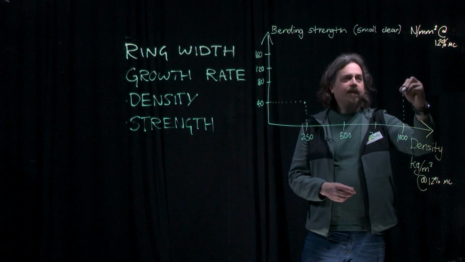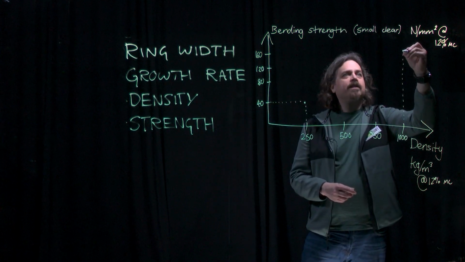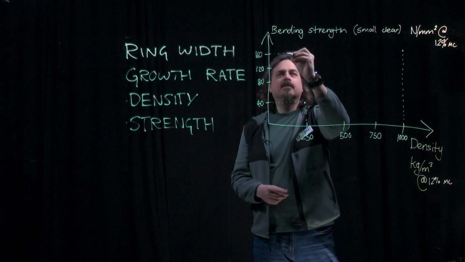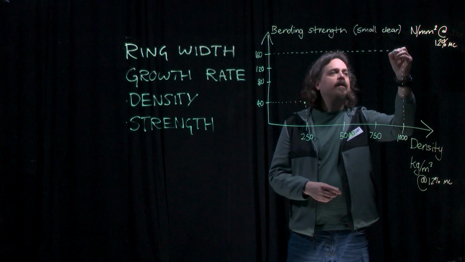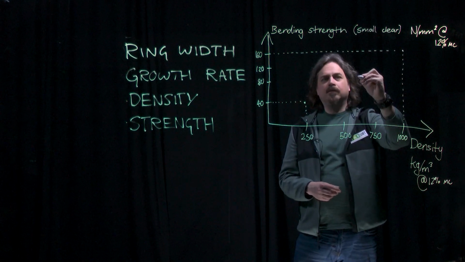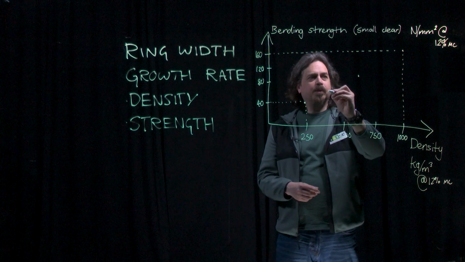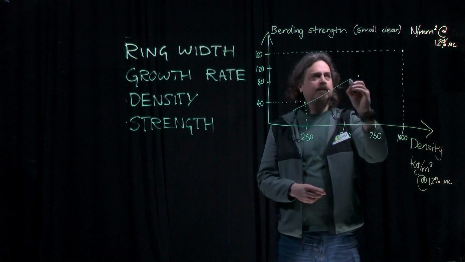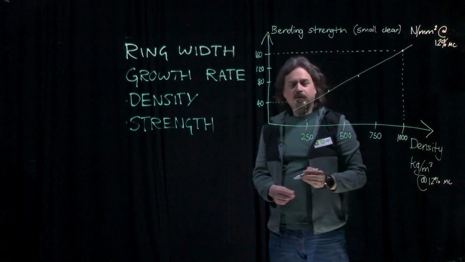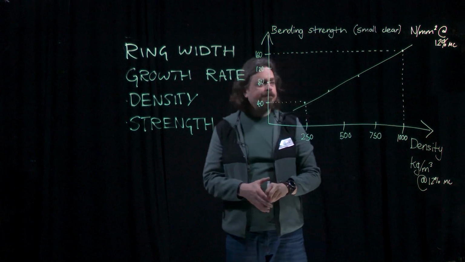And you'll have at this end dense species with high strength, like some tropical hardwoods. And you'll have things like oak in the middle and spruce about here, implying actually a pretty consistent relationship across species.